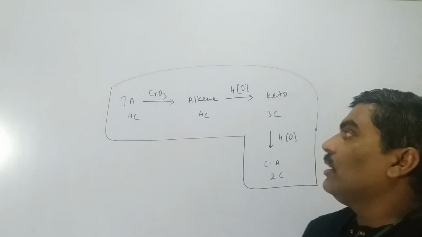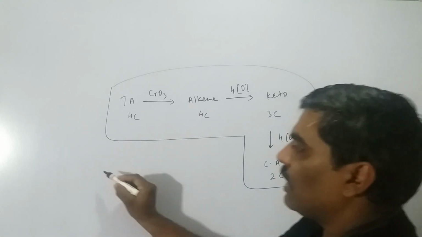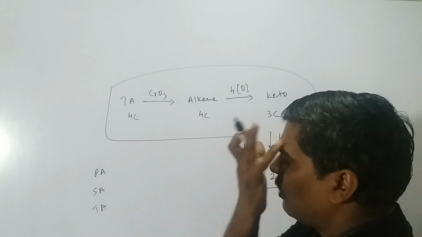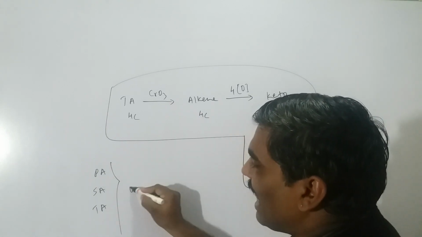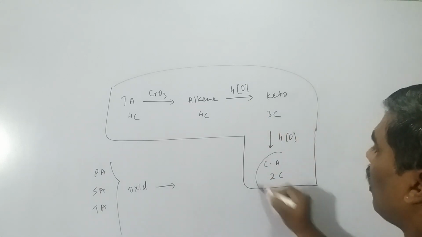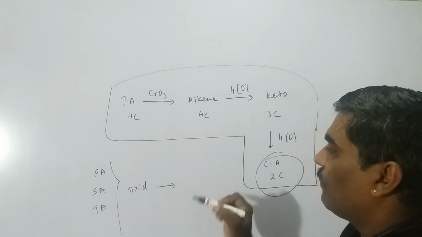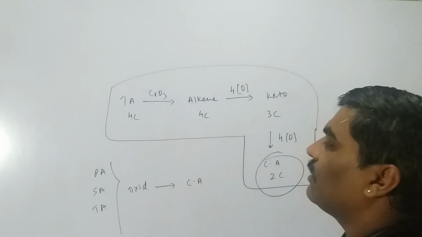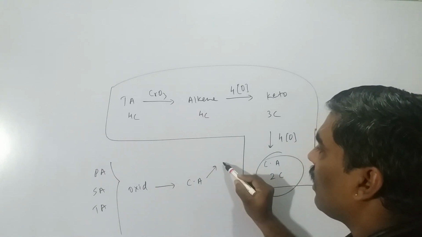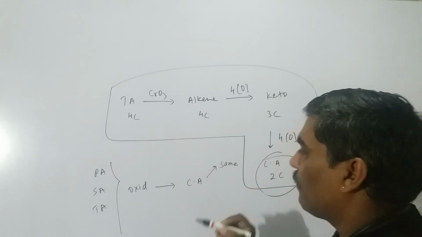Now actually here, in all cases, if you compare primary alcohol, secondary alcohol and tertiary alcohol, when they are oxidized, in all cases the final product I have given is acid. They form carboxylic acid, but in case of primary alcohol, it gives acid containing the same number of carbons.